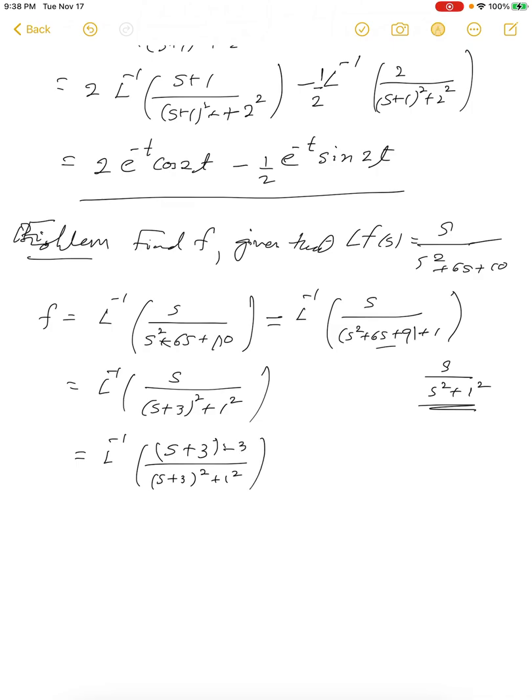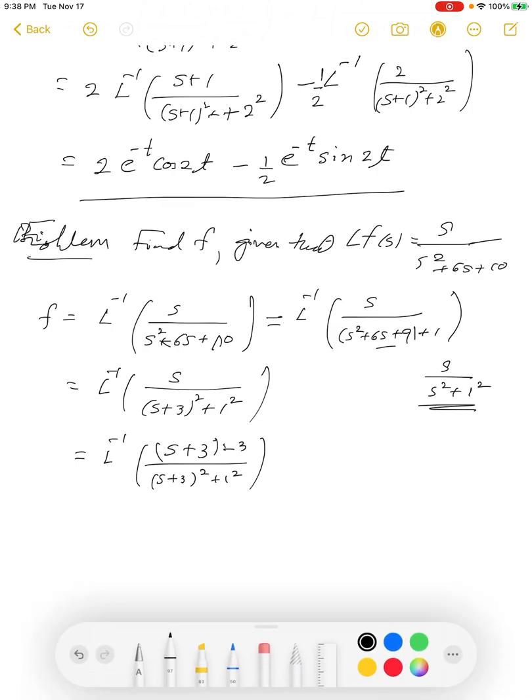So split this in 2 terms. Plus 3 minus 3. Which is going to be L inverse of (s plus 3) over (s plus 3) square plus 1 square, minus 3 L inverse of 1 over (s plus 3) square plus 1 square.